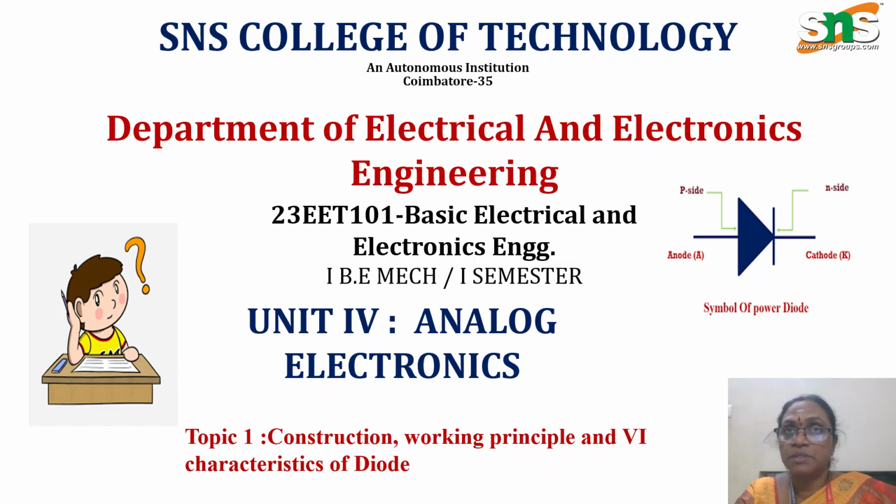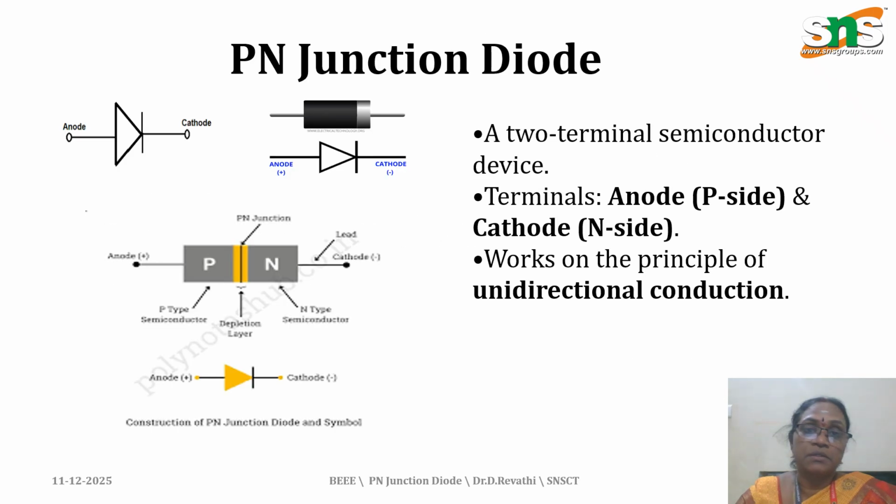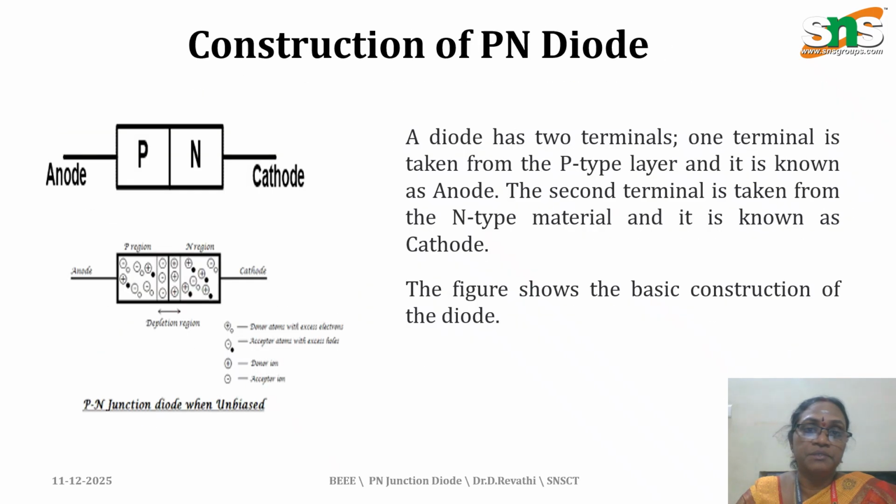Based on this, we are increasing the number of holes or the number of electrons. If adding the impurity increases the electrons, it is called N type. Very good. And if adding impurity increases the holes, it is called P type material. Very good. So today, the construction we have already discussed.